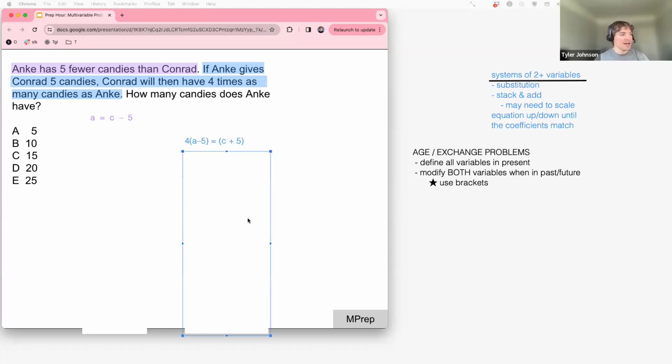Okay, and if I expand, or distribute rather, that 4 across the parentheses, here's where I'm at. And from here, recognize that I'm solving for the amount that Anke has.